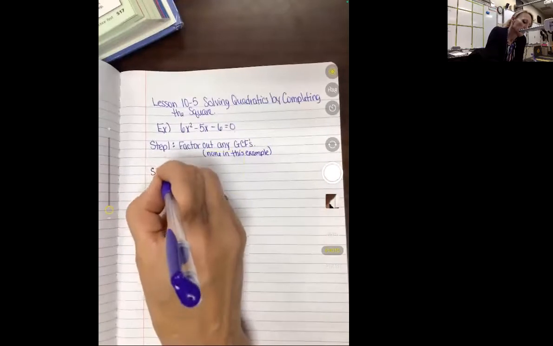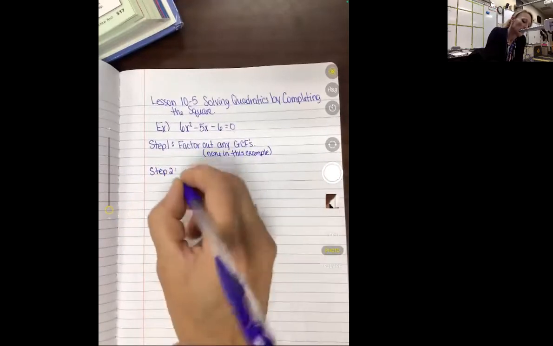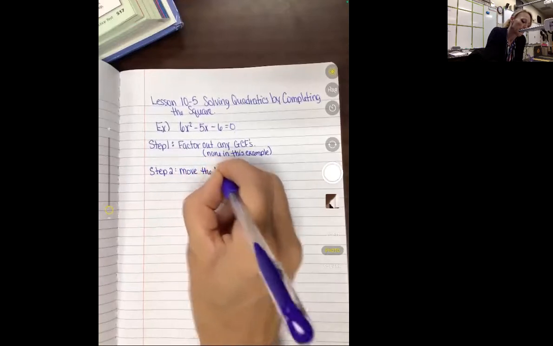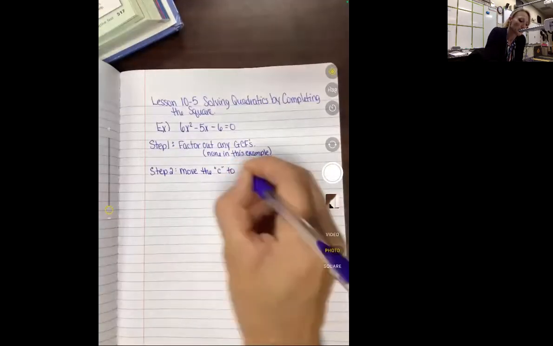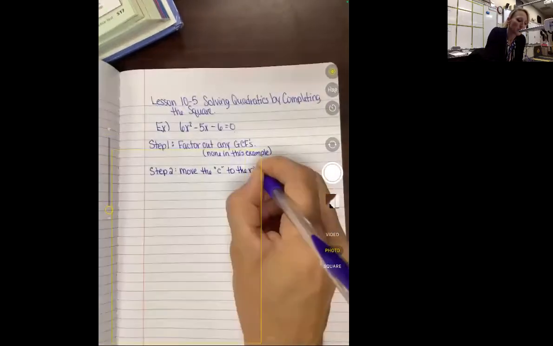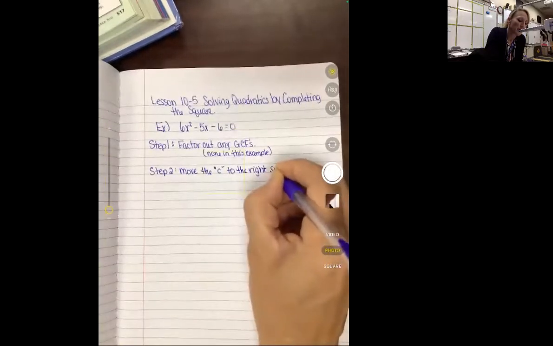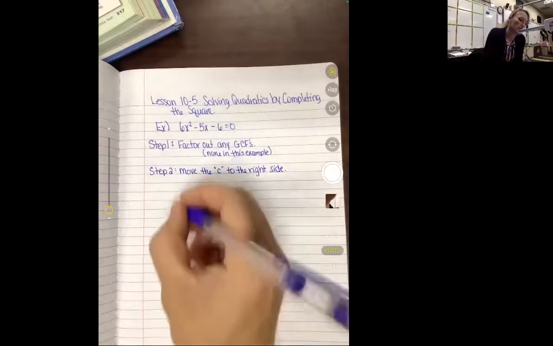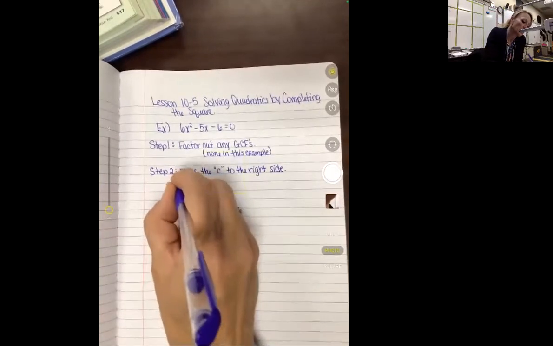So step two then would be to move the C to the right side. So when we factored, we always had everything on the left side and made it equal to 0. In this one, we are not going to do that.